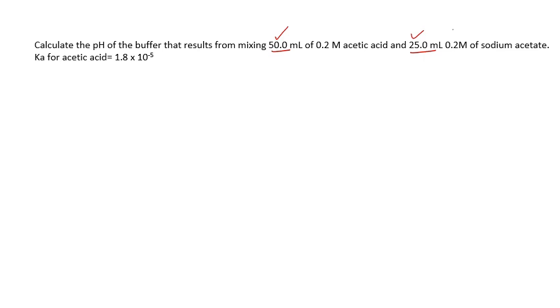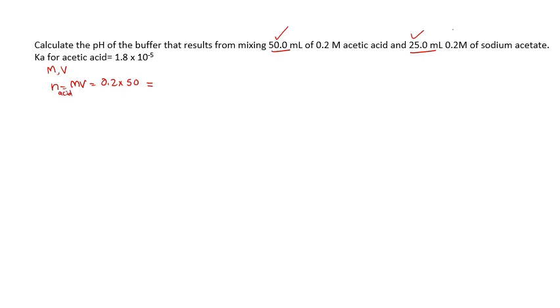Okay, how can we find it? Because we have the molarity, we have what else? Volume, correct? And now we can find the number of moles by multiplying molarity and volume. Molarity is 0.2, volume is 50. That is for our acid. So I will just write number of moles of acid.